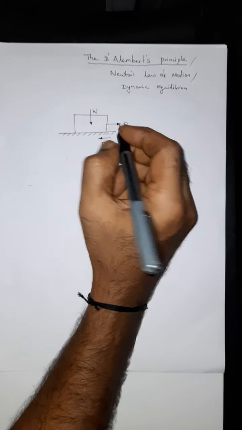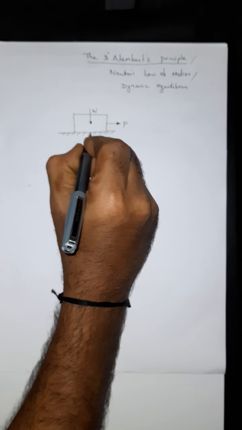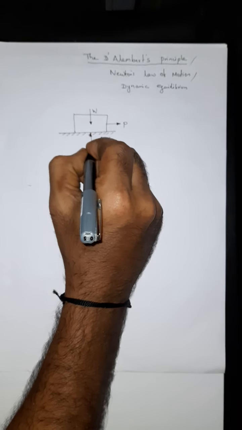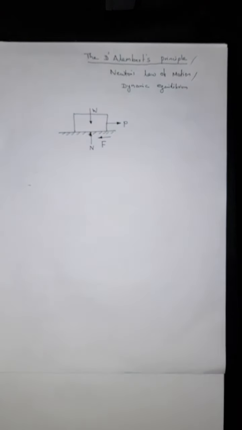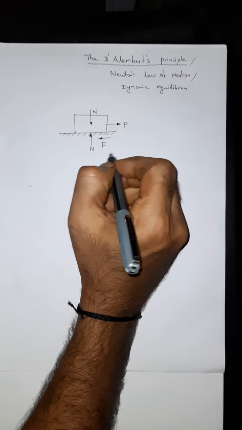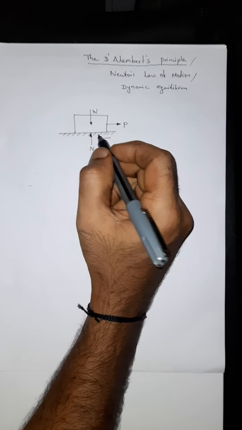When two bodies are in contact, there will be a normal reaction N which acts perpendicular to the surface of the body. This concept I taught you in Unit 5, friction, right?